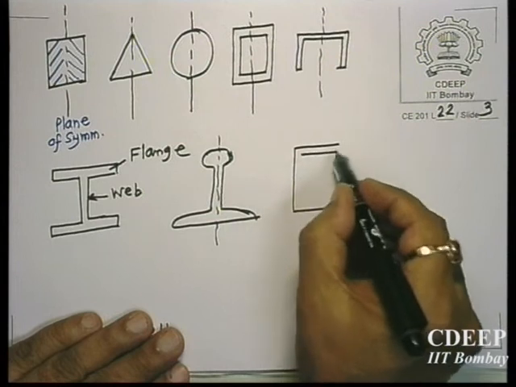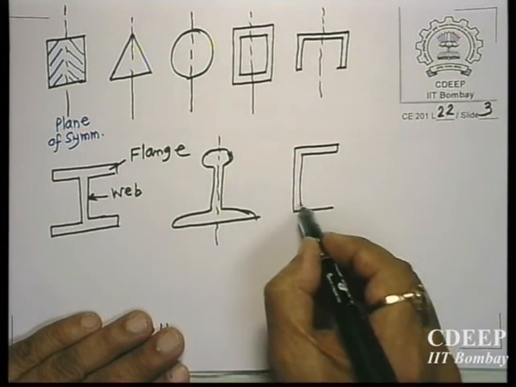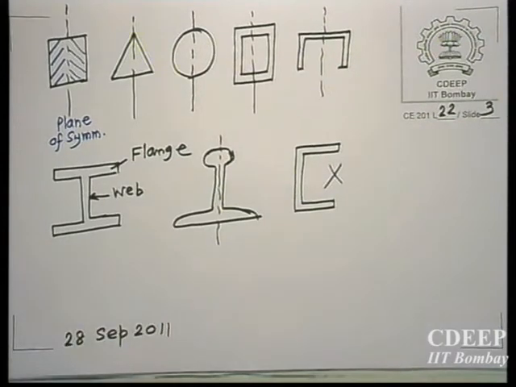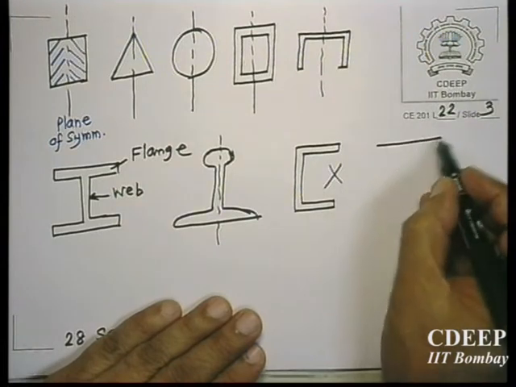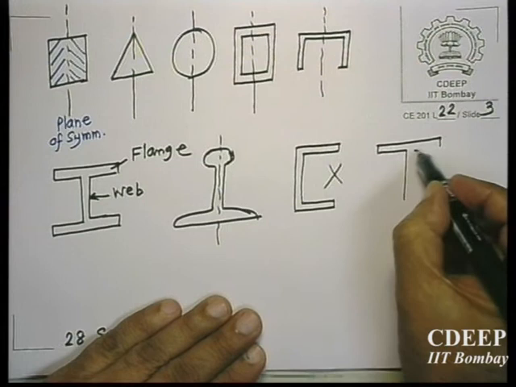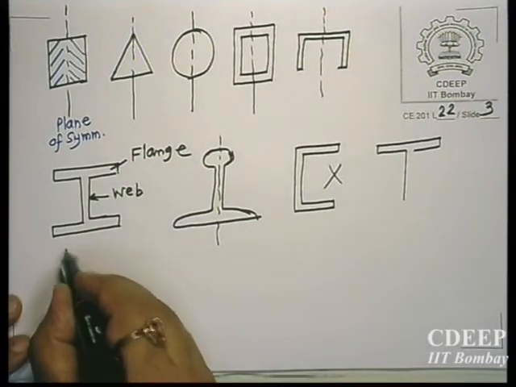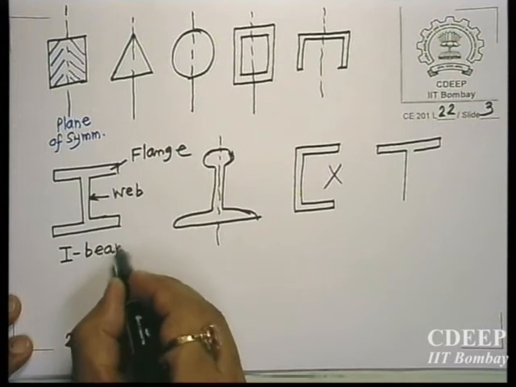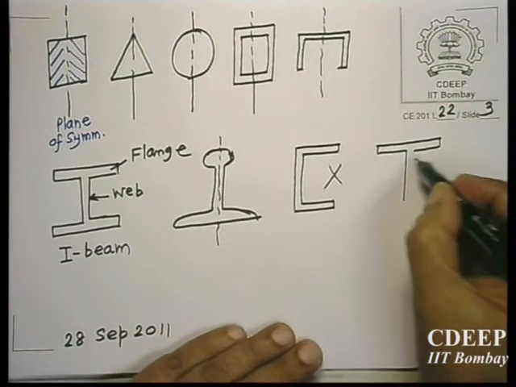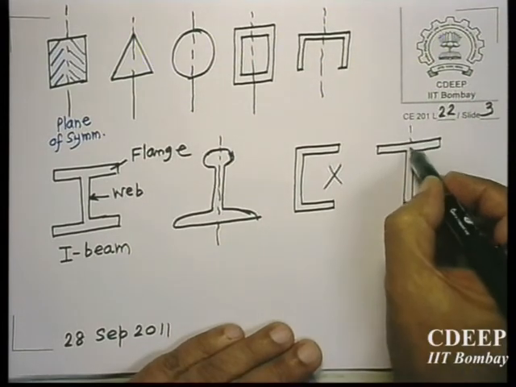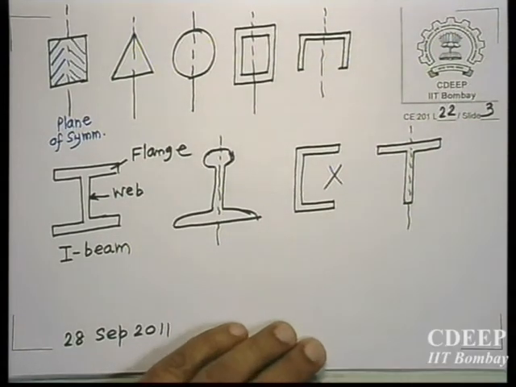If you use this C section like this, we are not talking of this. And we can use a T section. This is called an I beam, I section. This is called a T because it looks like a T. This also has a vertical plane of symmetry.